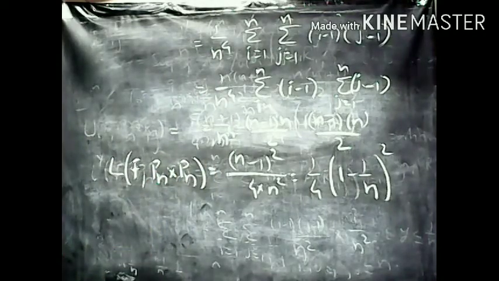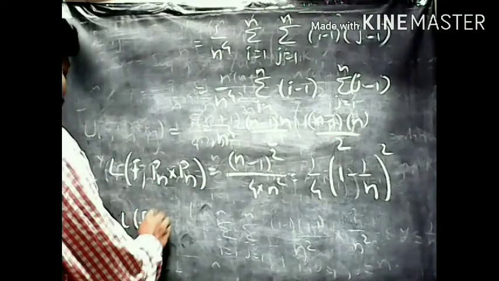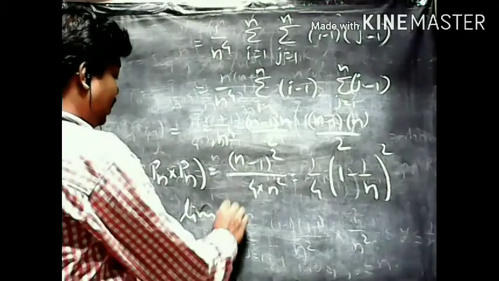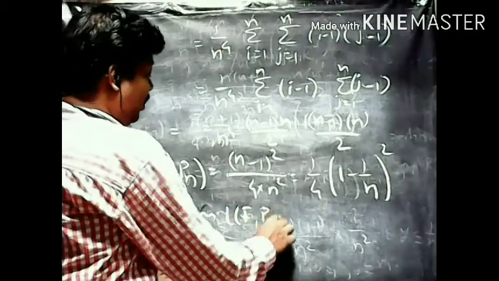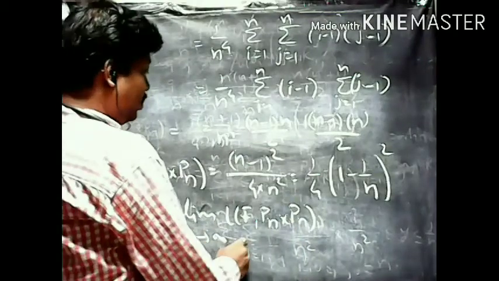Now we want to compute L(f) and U(f). So L(f) is nothing but the limit of this L(f, Pn cross Pn) as n tends to infinity.